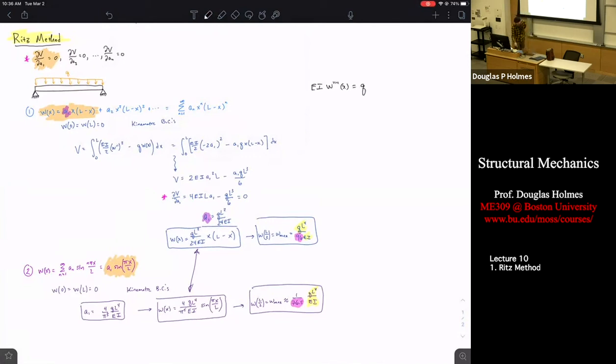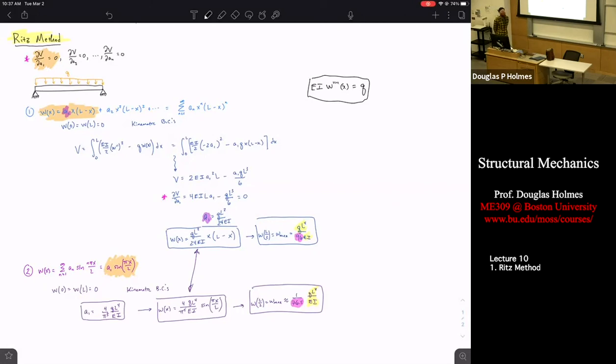So if you want the exact solution, you can just straightforwardly solve this problem. That's an ordinary differential equation. What order is that differential equation? It's fourth order. How many boundary conditions have we talked about? 2. You need 4 boundary conditions to solve a fourth order ordinary differential equation.